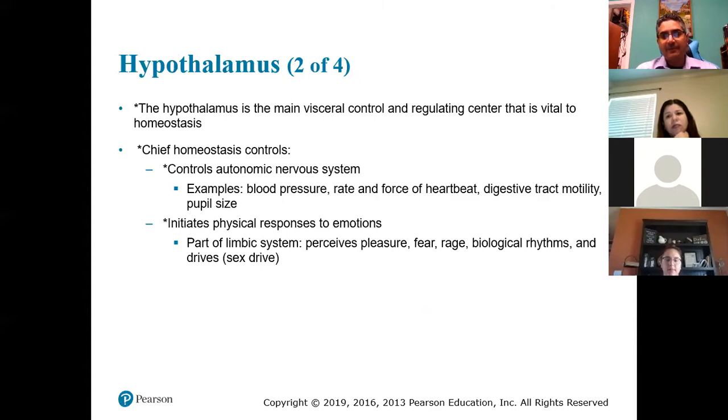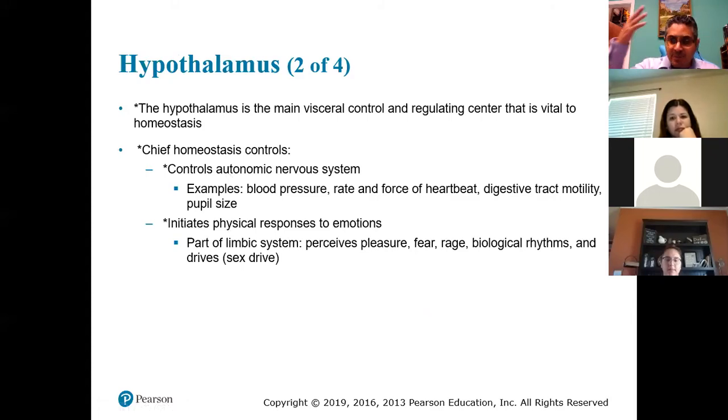So, hypothalamus, again, like I mentioned, blood pressure, heart rates, sugar, all these things, you're not consciously thinking about that. That is the autonomic nervous system. So it's controlling that. It's doing this for you without you consciously having to measure that and get readings.